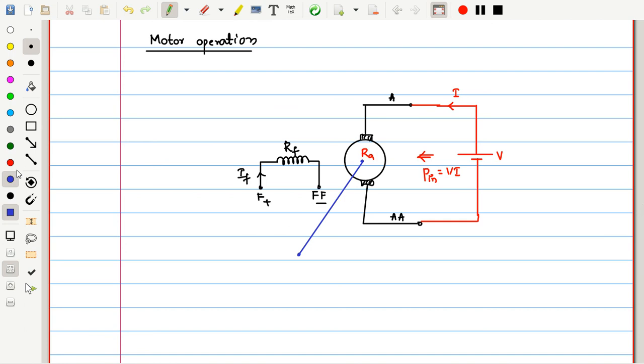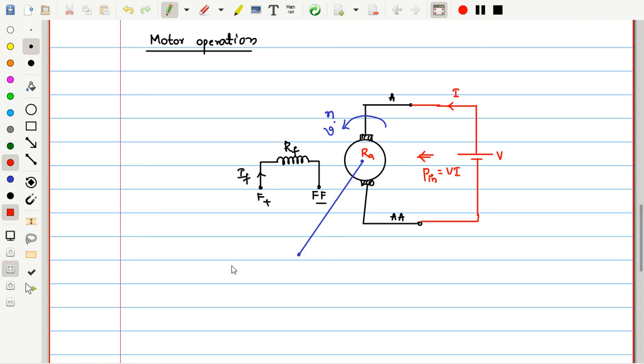Now let us assume our machine is rotating in, let us say, counterclockwise direction. So the rotation of the machine is n rps, or the armature is rotating at a velocity of v.